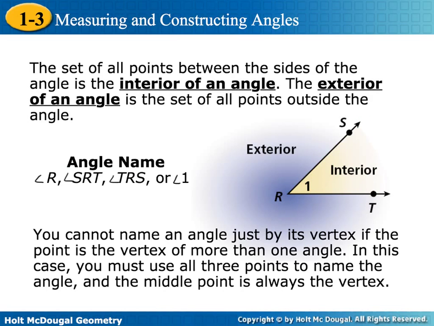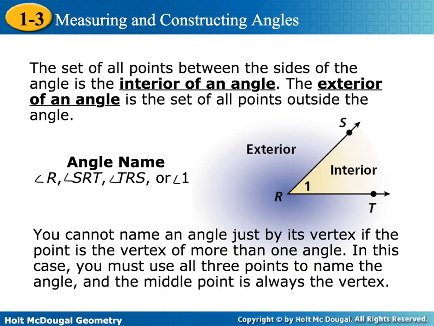If I named it angle RST, that means I go R to S to T. That would be this angle. That is not the angle we're looking at. You have to use the correct way.